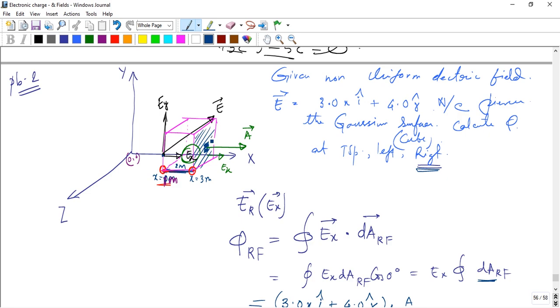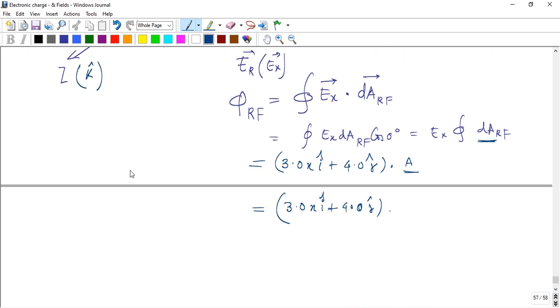But area is a vector, and in the x direction it is 4 i cap. The x direction represents i cap, the y direction represents j cap and the z direction represents k cap.